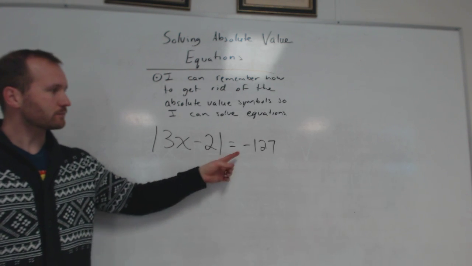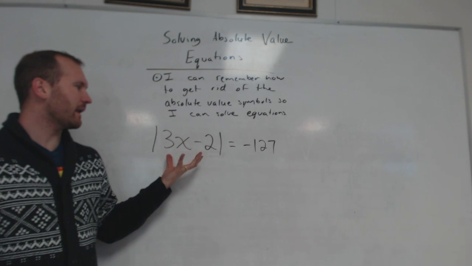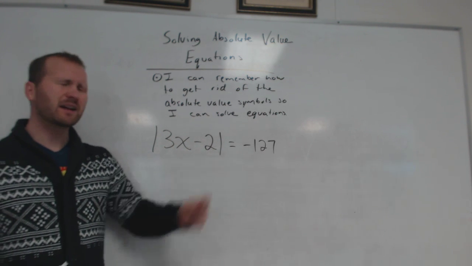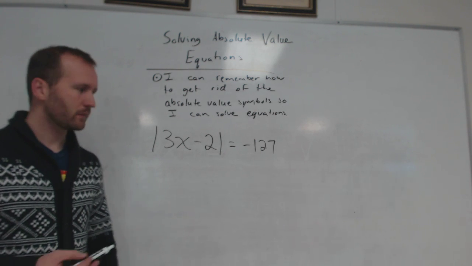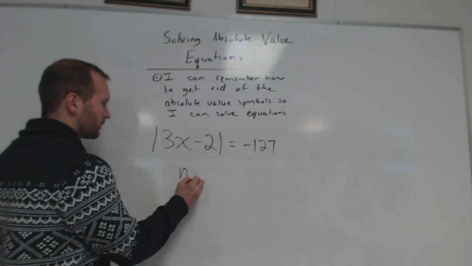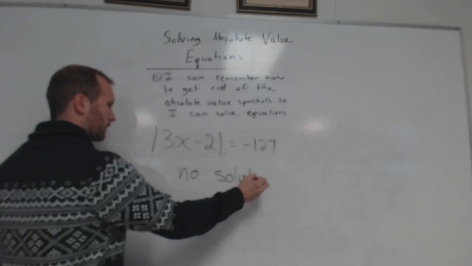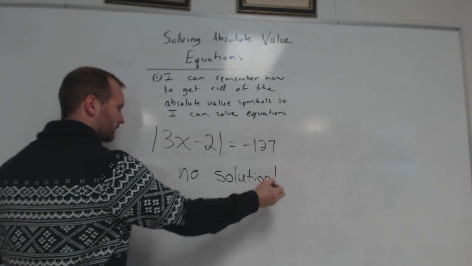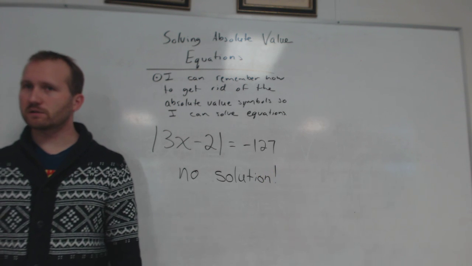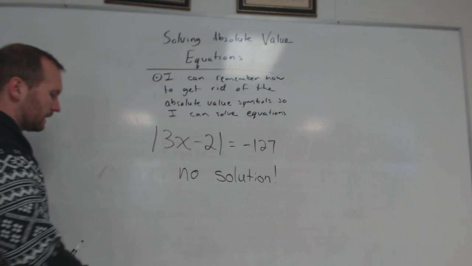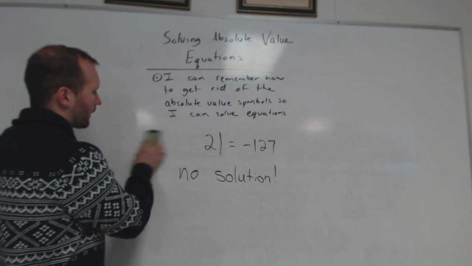The negative. There's no way that an absolute value of any number could possibly come out to negative 127. So for this one, I would just simply write no solution. There is no solution to that. We're out of luck.